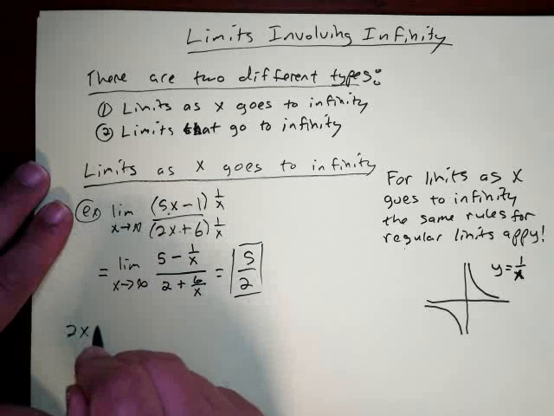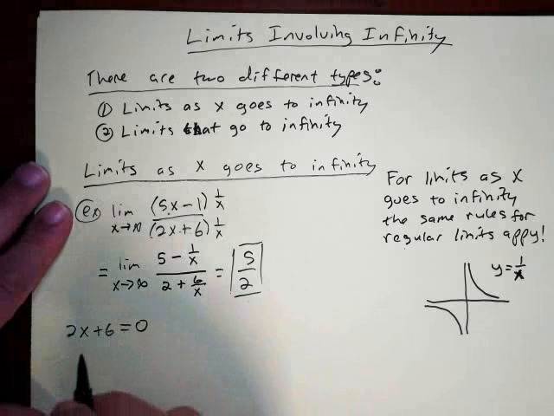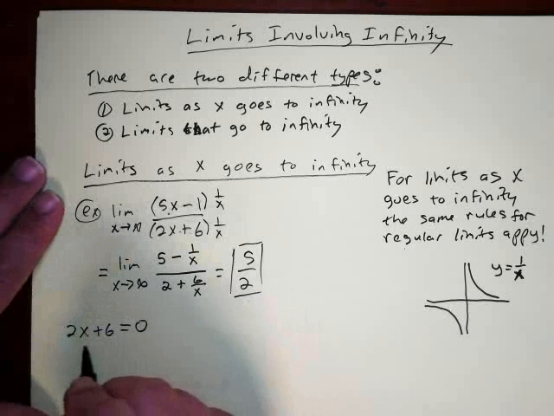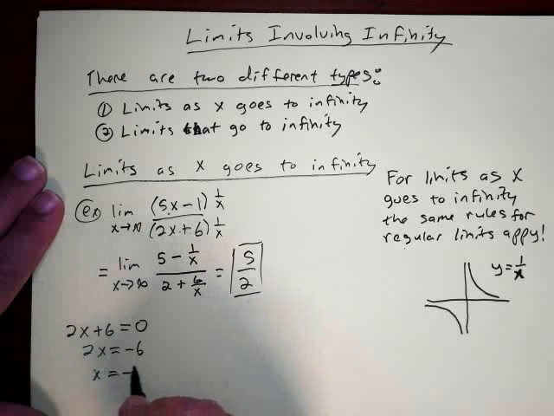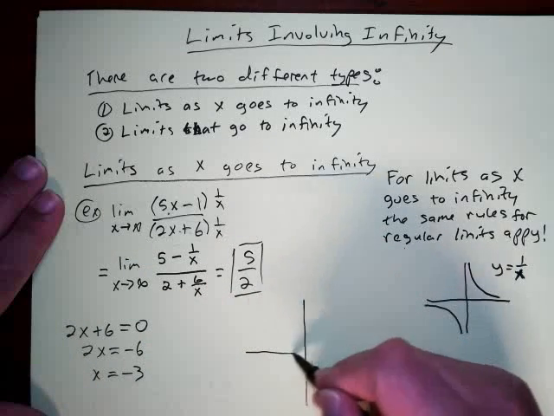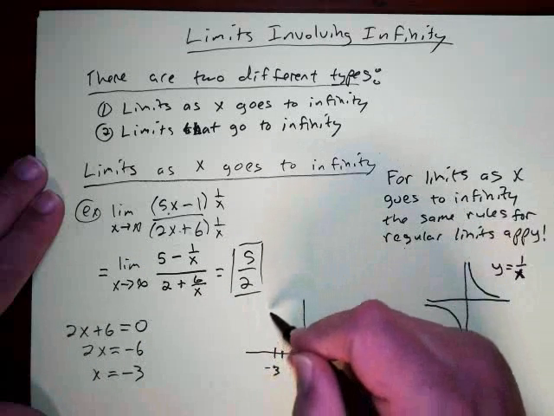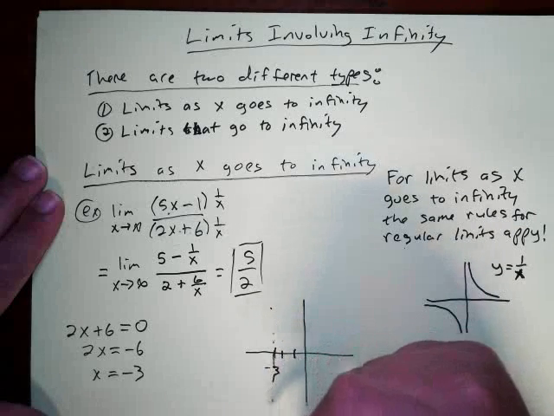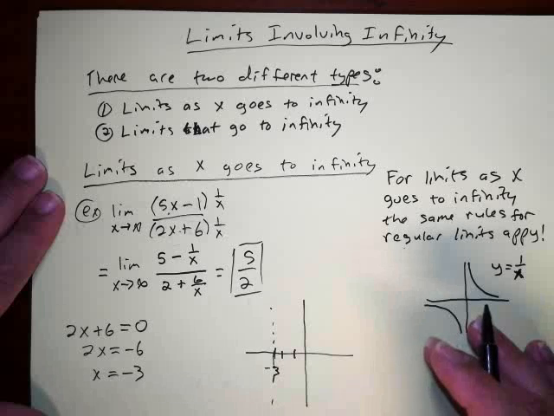So if I set 2x plus 6 equal to 0 and solve for x, I get 2x equals negative 6, so x equals negative 3. That means when I graph this equation, at negative 3 you would have this vertical asymptote, and the function would be going off into infinity there.